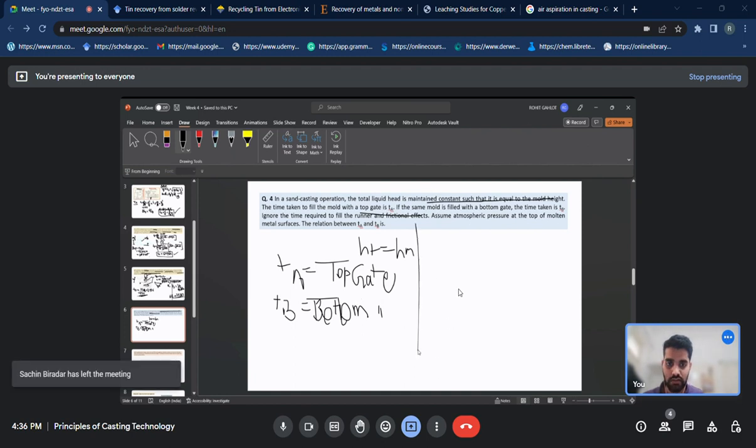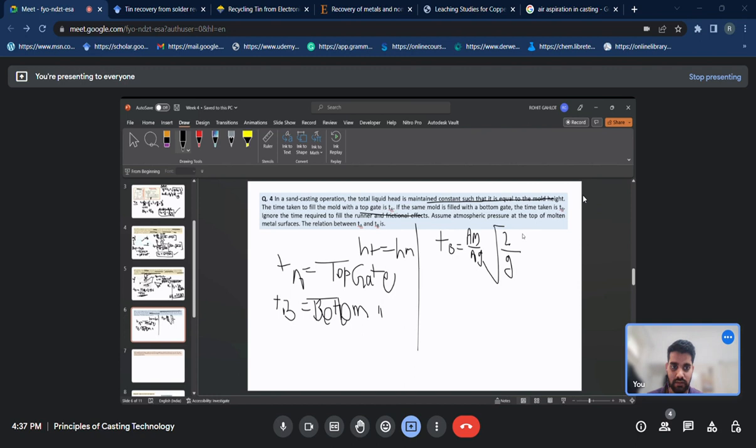But still we can again see for the top gating and bottom gating system, it will be the area of the mold divided by the area of the gating system times root 2 by g, multiplied by root ht minus root ht minus hm. Okay, so this will be equal to 0.